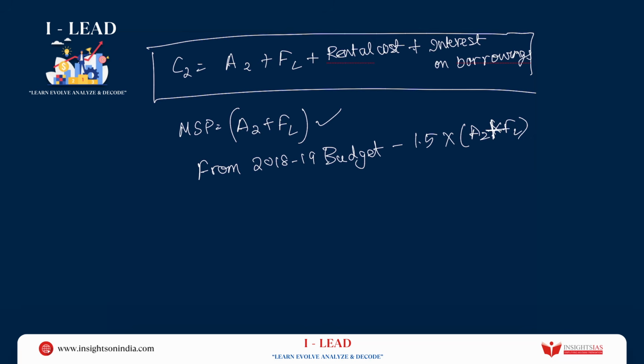For example, if the MSP of a particular agricultural commodity comes out to be 20 rupees, 1.5 times of that will be 30 rupees. So here, farmers are demanding 1.5 C2.